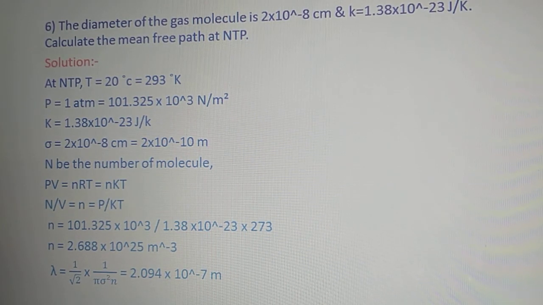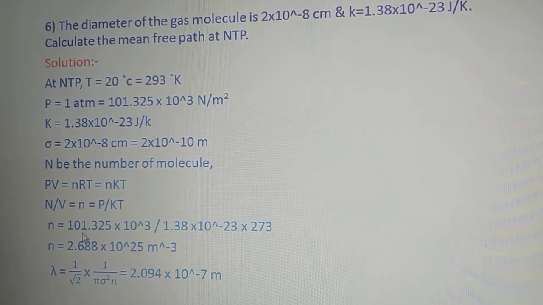And this gives us P by kT, right? If you consider only this term and this term, so capital N by V is a small n, right? And so this gives us P by kT.